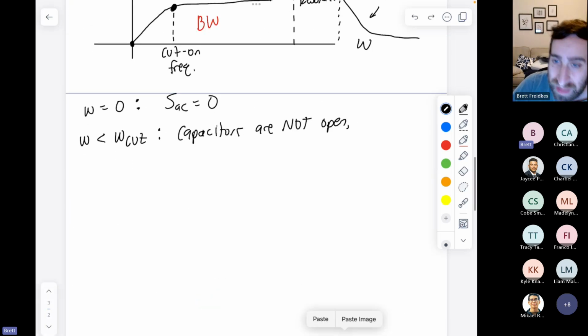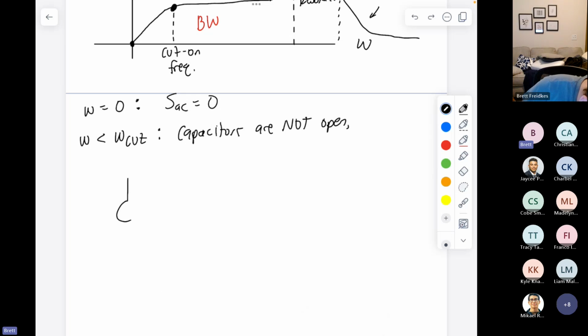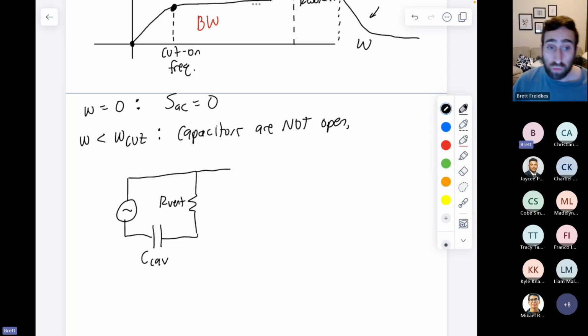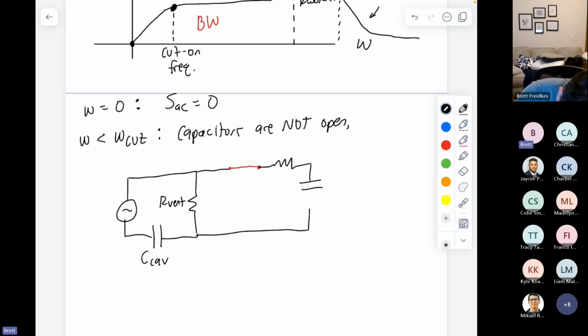So if we were to do that, what we'll see is that our circuit has our vent and our cavity compliance, this is our C_cav. We will say that the inductor is shorted at this frequency, while the remainder of the components are not shorted or opened.